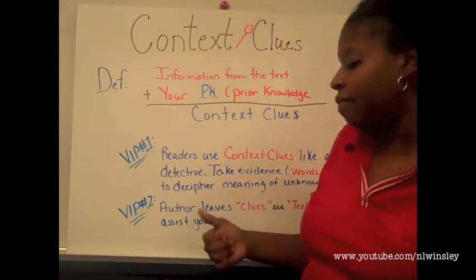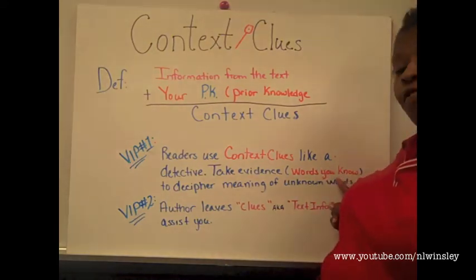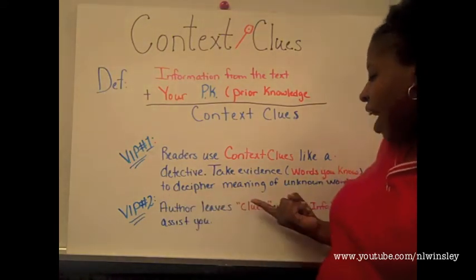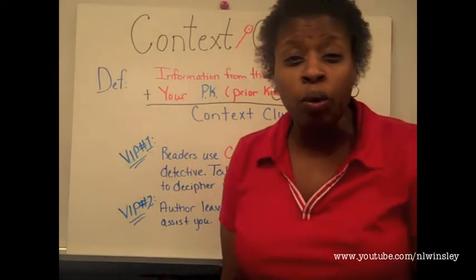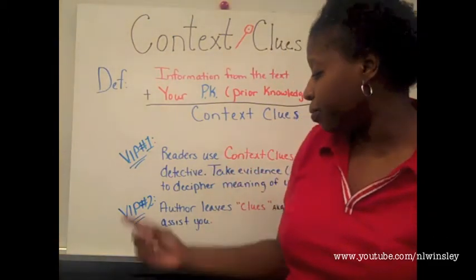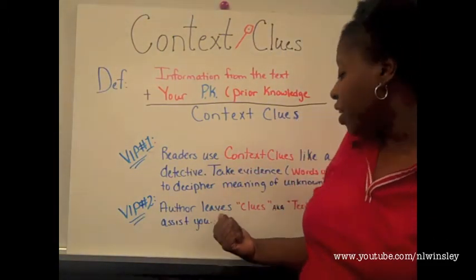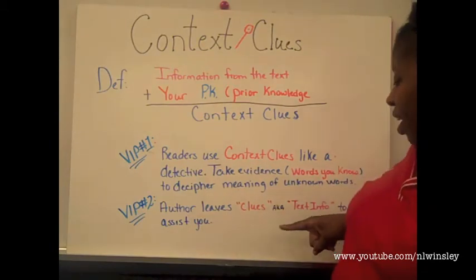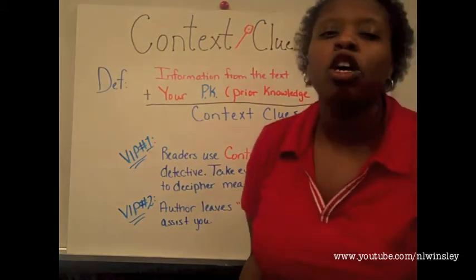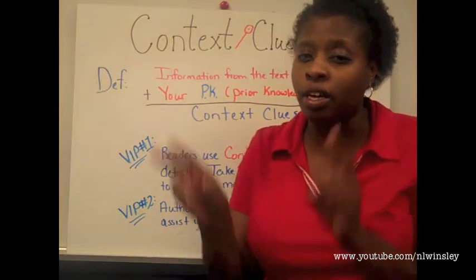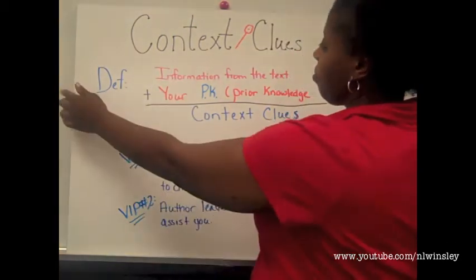You take that evidence, or words and phrases you know, to decipher the meaning of unknown words. VIP number 2. An author will leave you clues, aka text info, to assist you in solving the crime.